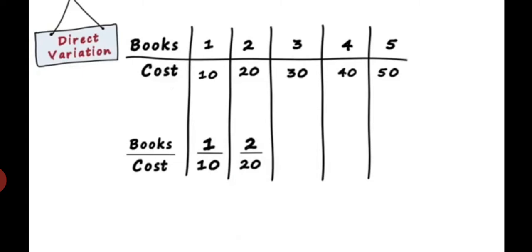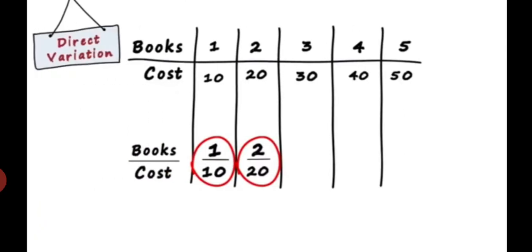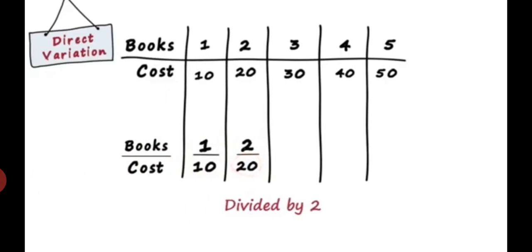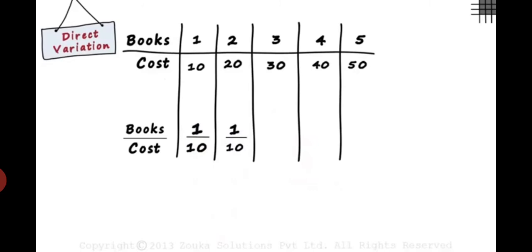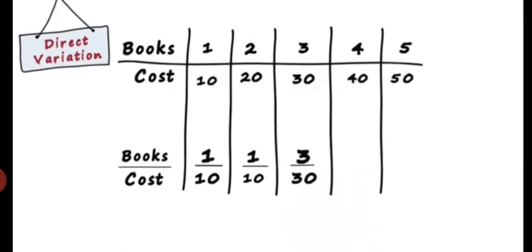But is there any similarity between 1 by 10 and 2 by 20? If we divide the second ratio 2 by 20 by 2, we shall get 1 by 10. So, the ratio is the same. Now, for the third case, the ratio is 3 by 30.